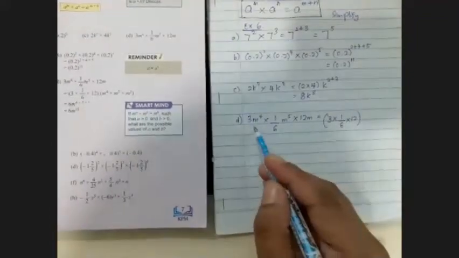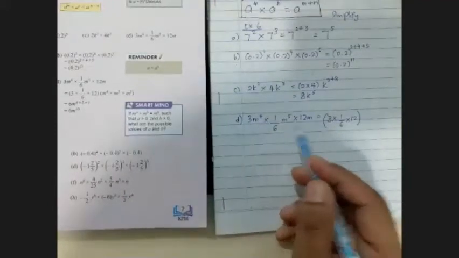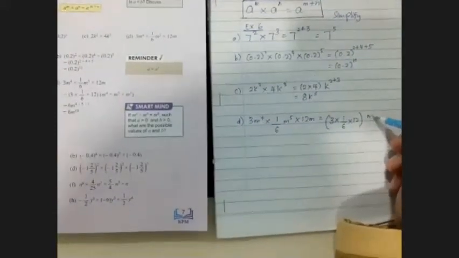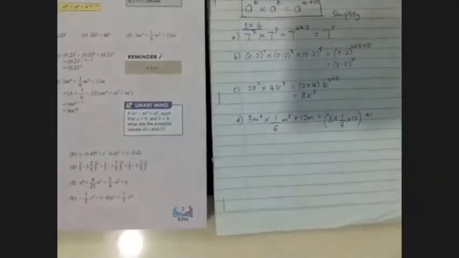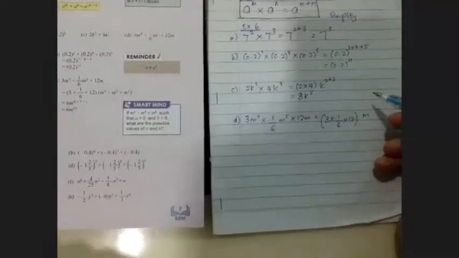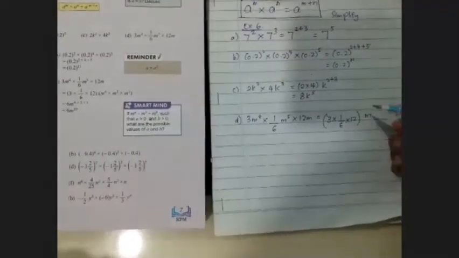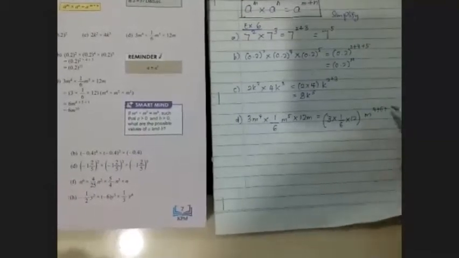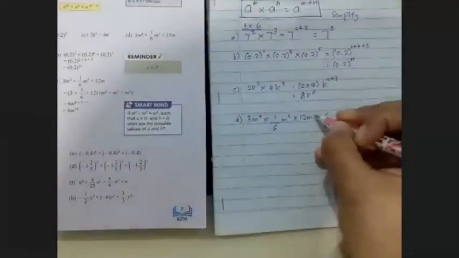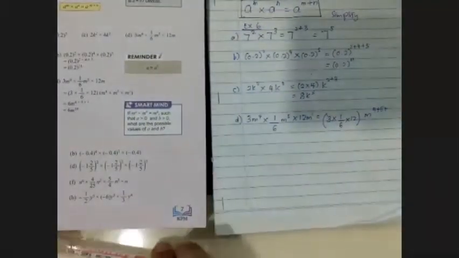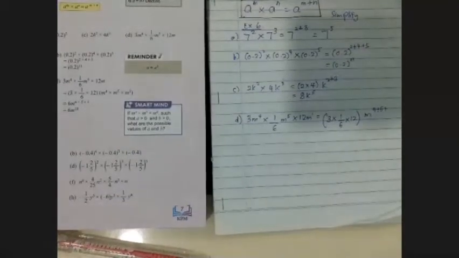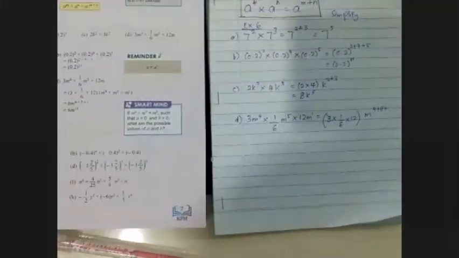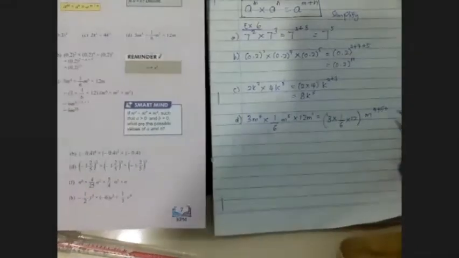And look at the base. The bases are the same, so we copy the base m. Four plus 5 plus, this is m power of 1. That is m power of 1, not power of 0. That is power of 1. So we plus 1 here.